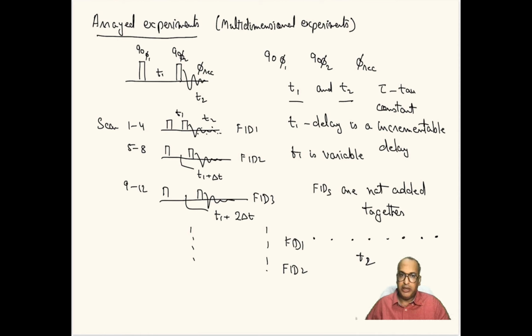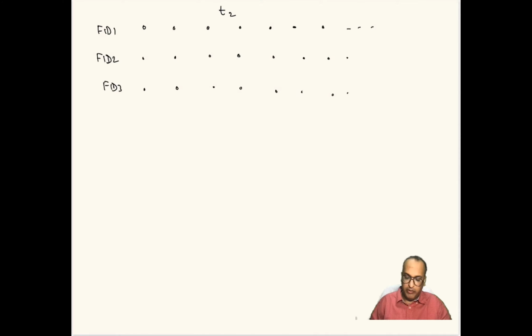So if the density operator is different, the FID points or the signal will be starting at a different point after this pulse. So all these FIDs will have different numbers from FID1 to FID2. If I now plot the first points, this becomes a function of t1.